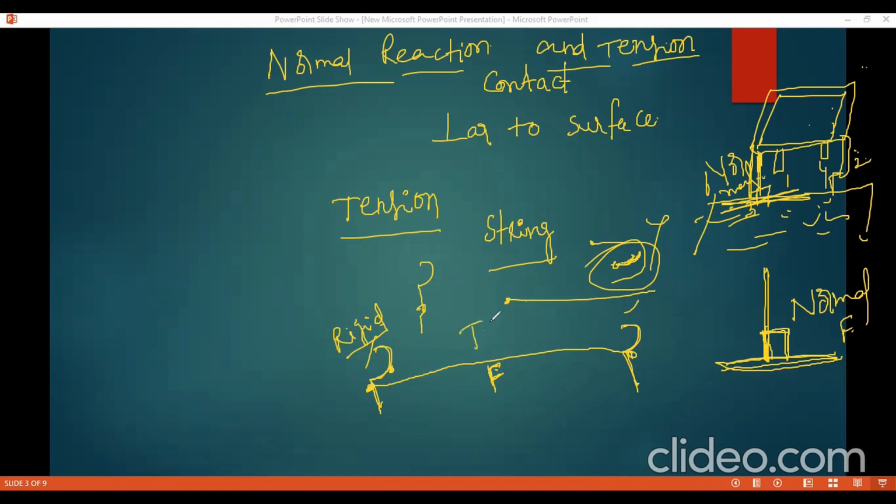Yes, there will be a tension in the string. No doubt we know this is a string, and it consists of small segments.